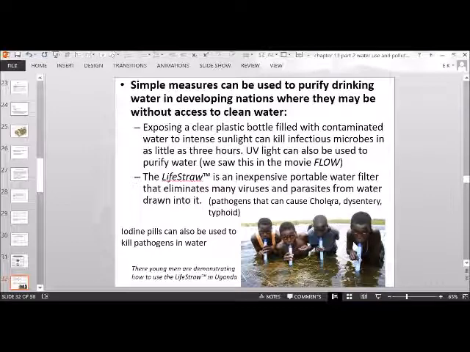Also, you can put iodine pills in water, which kills pathogens as well. But these are all ways of killing pathogens. They're not ways of filtering out pollution.